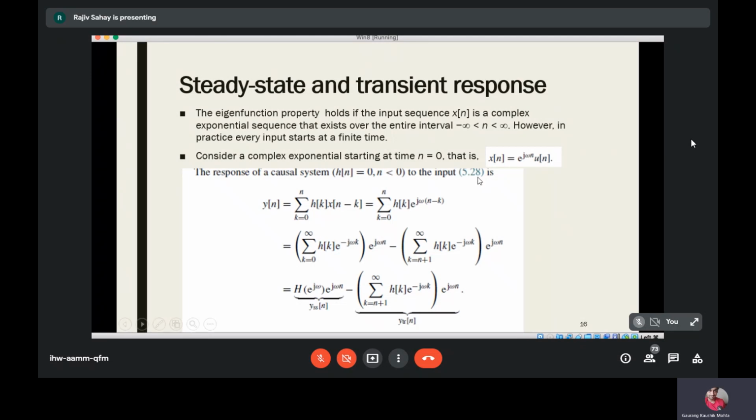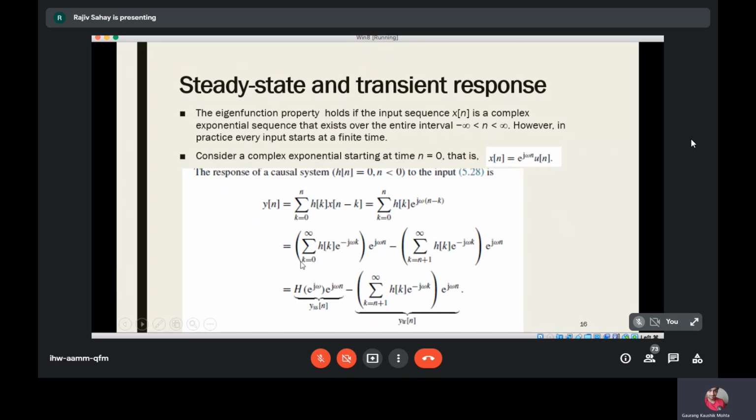You put x of n as e power j omega n u of n. So it will come like this: h of k, e to the power j omega (n minus k). You can write it as a product of two terms, e power j omega n and e power minus j omega k. So there is a splitting of this term.